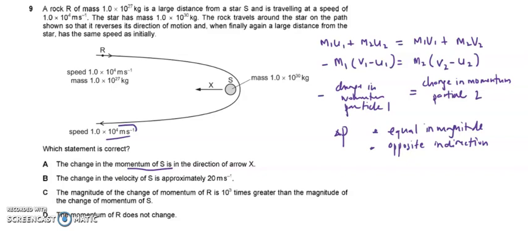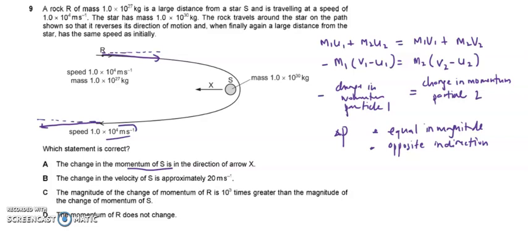It is easier to look at the change in momentum for R first. The velocity of R is in this direction, which is not exactly horizontal. It is at a small angle from the horizontal, and the final velocity also is at a small angle from the horizontal.